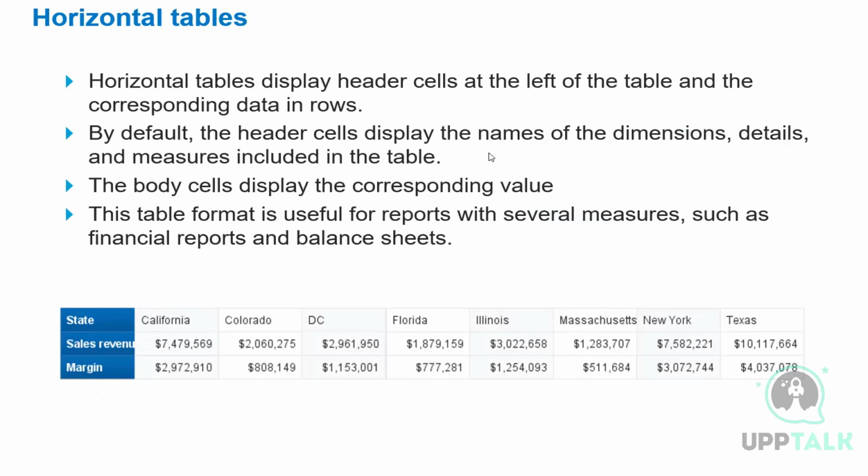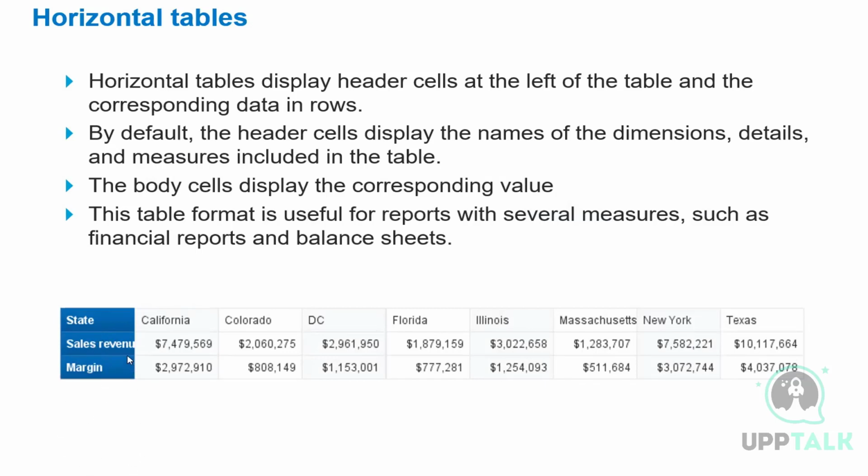By default, the header cells display the names of the dimensions, details, and measures included in the table. The body cells display the corresponding values. This table format is useful for reports with several measures, such as financial reports and balance sheets. This is useful when we have a list of measures, key figures.